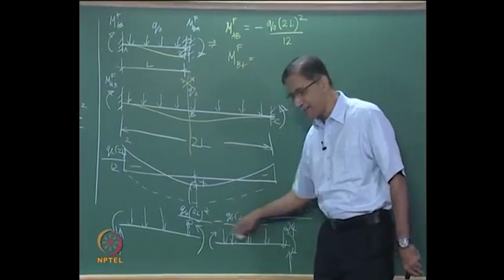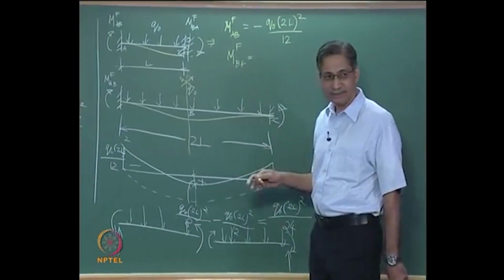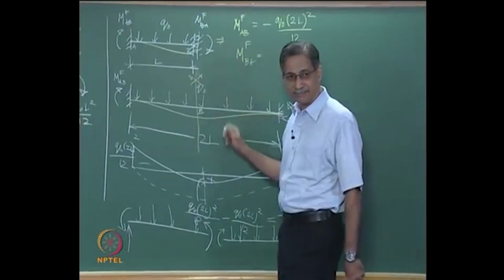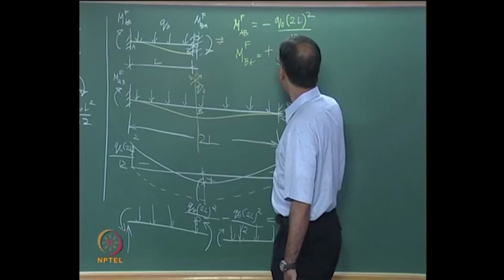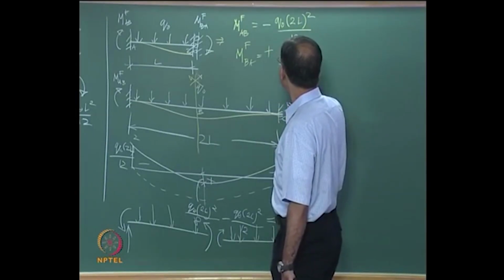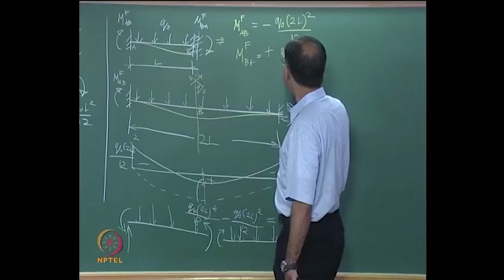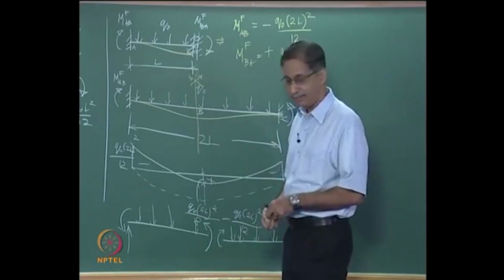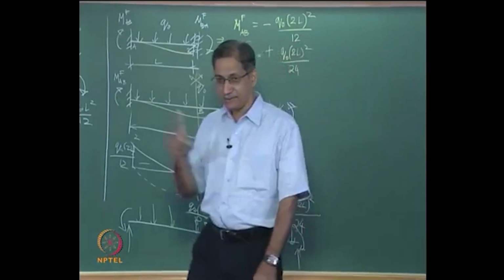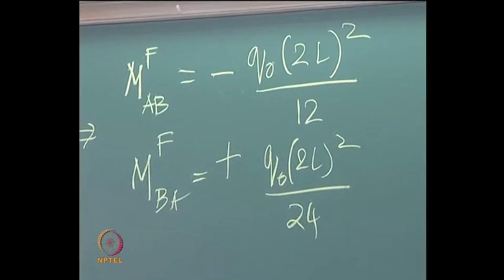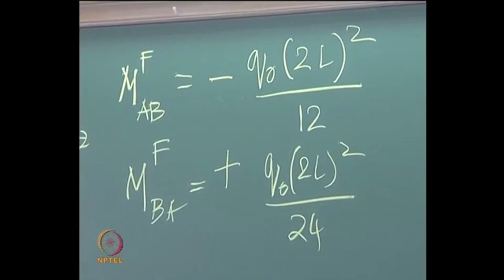Well, you can write this equation if you wish. Is it plus or minus? Plus, it's sagging. It's plus Q naught, 2L squared by 24, which is just half that value. You learned something here. Okay, so this is very interesting, and that's how we get those answers here.